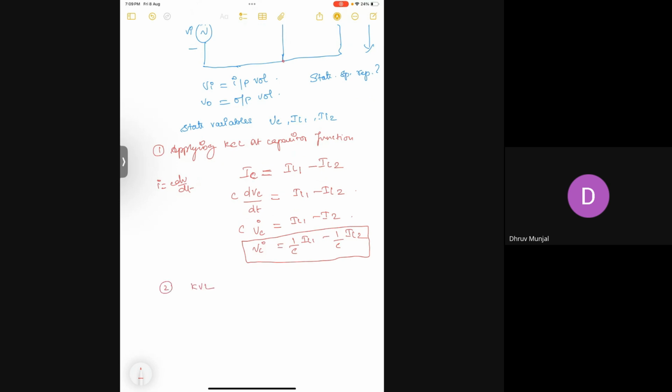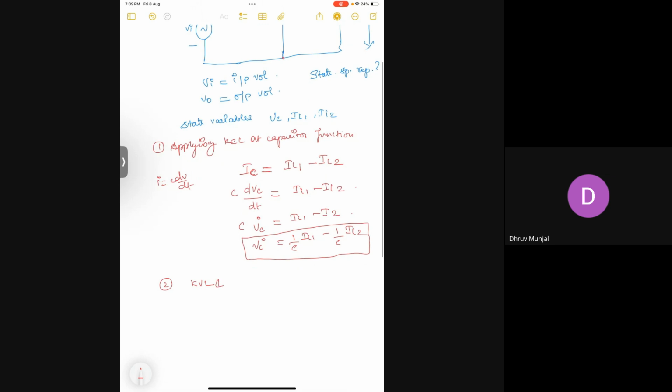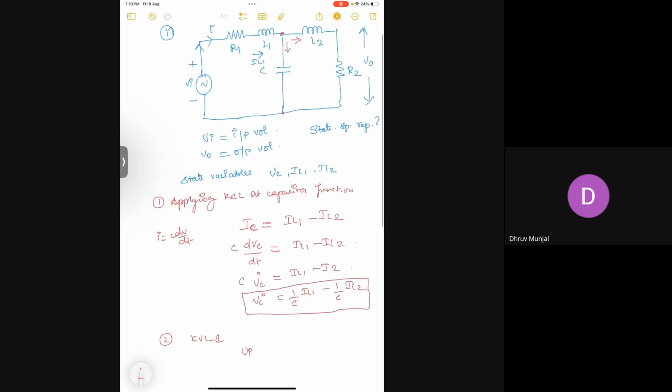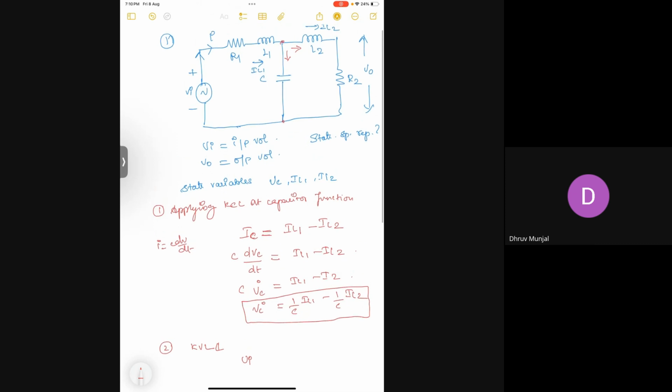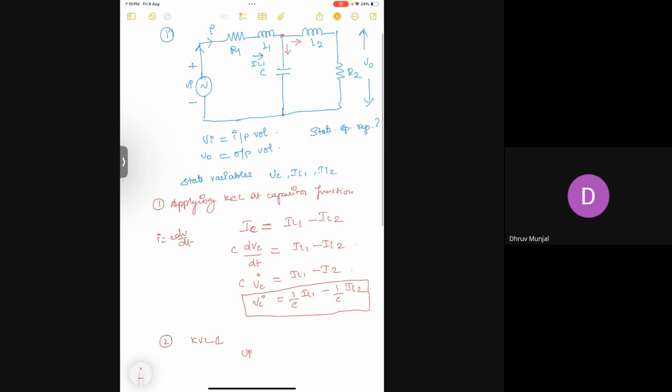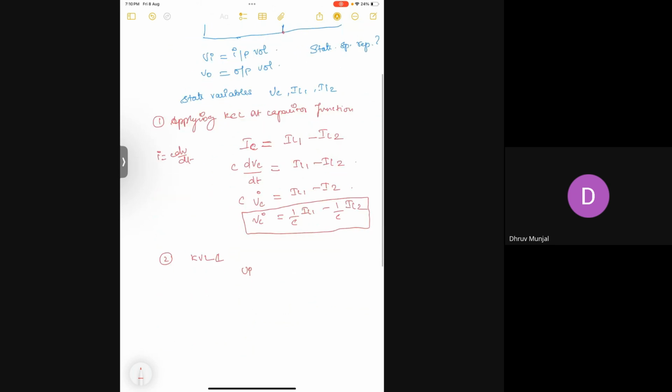As we already did in the transfer function, Vi will be R1 into I plus L1 dIL1 by dt plus Vc.